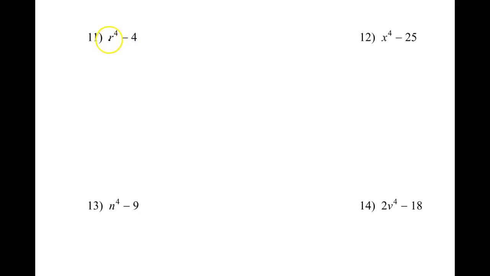You'll notice that here is r to the 4th. So what times itself will give you r to the 4th? It's a little bit different. So in your final answer, you'll know that you'll need r to the 2nd here.